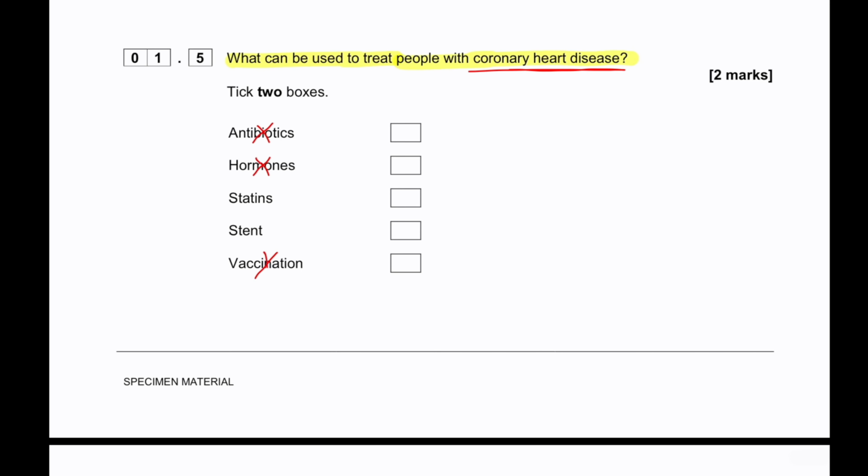Vaccination is done to give us the ability to produce our own immunity against a particular virus or pathogen. So in this case, statins and stent will be the answer. Statins are a type of drug that can decrease the fatty deposits, and a stent is a wire mesh that can physically widen the artery so that more blood can flow through it.